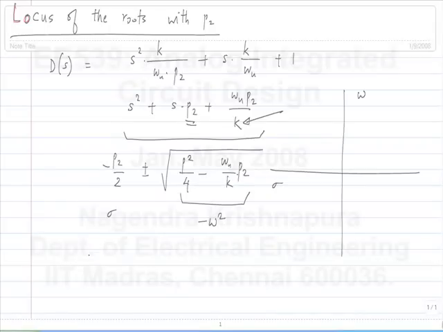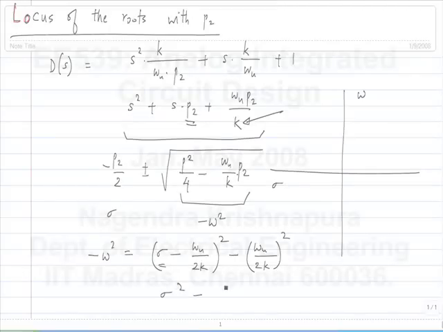So we can see that minus omega square is nothing but sigma minus omega u by 2k square minus... Okay. So this gives us sigma square, that is P square by 4. Sigma is nothing but P2 by 2. So this gives you sigma square minus sigma times omega u by k.